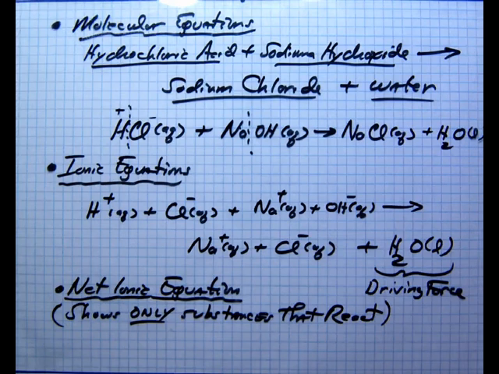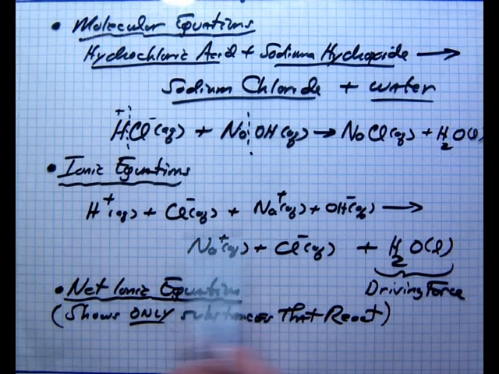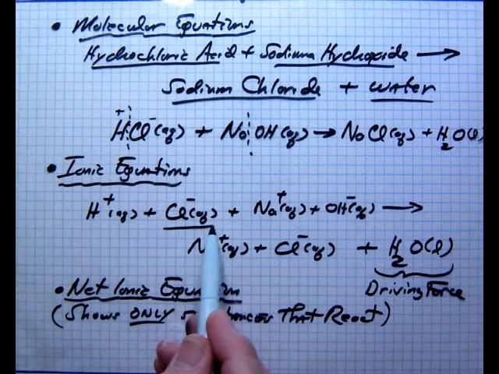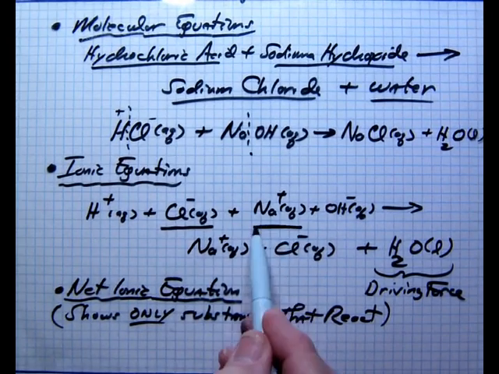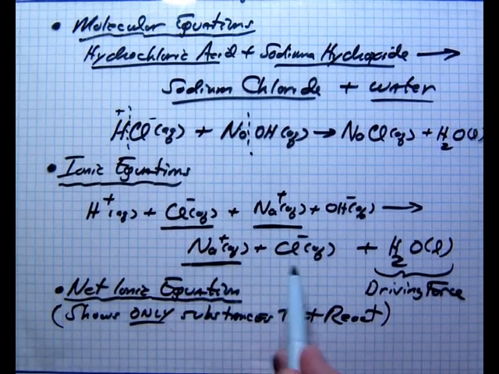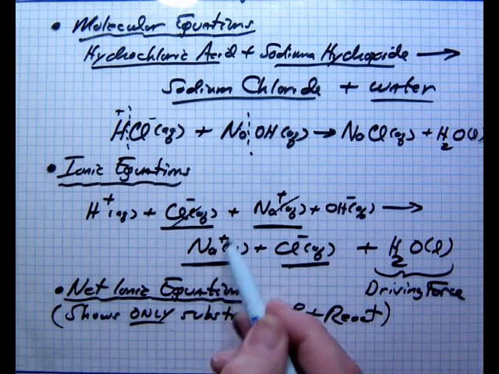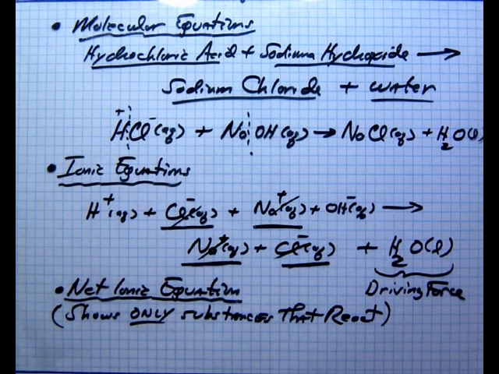They show only those substances which will undergo reaction. If you look at this complete ionic equation, you'll see that you have elements on the reactant side that match elements on the product side. These are called spectator ions. They do not enter into the reaction, and you can kind of cancel them out like you would cancel out in an algebraic equation. The resulting, or whatever's left, is called the net ionic equation.